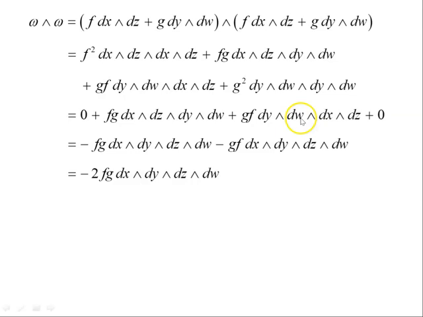But then at the back, I've got dw, dz, and I need to swap that again. So there's another swap. So overall, odd number of swaps, 3 of them I think it was, I get minus. So I end up with 2 lots of fg times all this. So it's not 0, even though we started out with omega being a 2 form, an even form. So in the case of even, it's not always 0, but with the odd numbers it is.